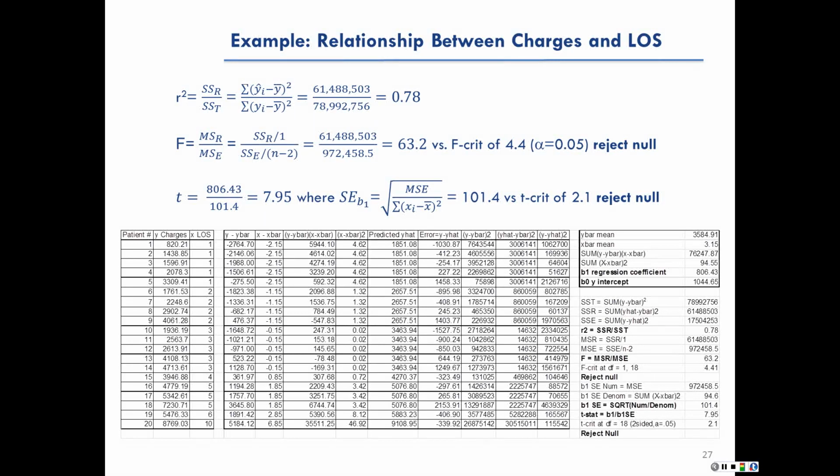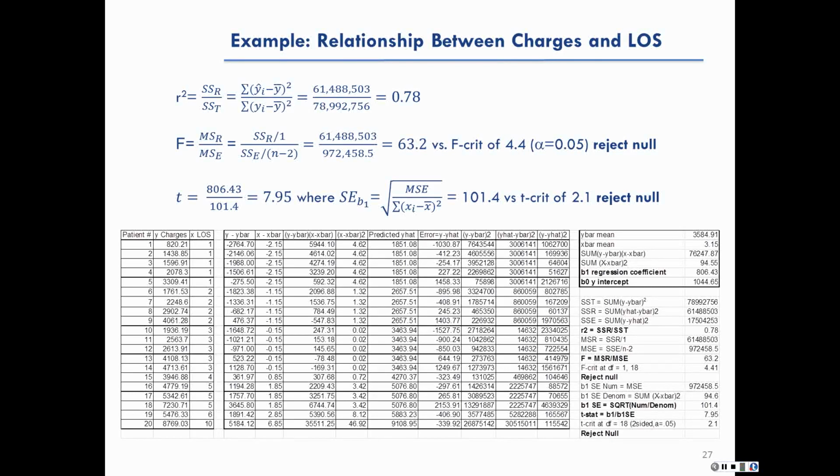Remember, the t-statistic is simply our beta 1 regression coefficient that we previously calculated of $806.43 in the numerator, divided by the standard error of beta 1, which is equal to 101.4. So we get a t-statistic of 7.95, but what you're probably interested in calculating is the standard error of beta 1.